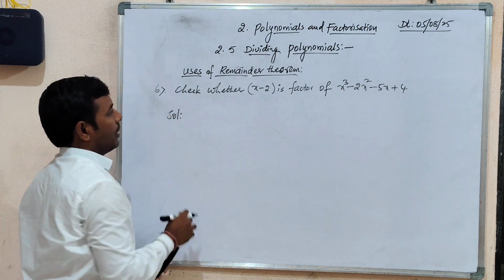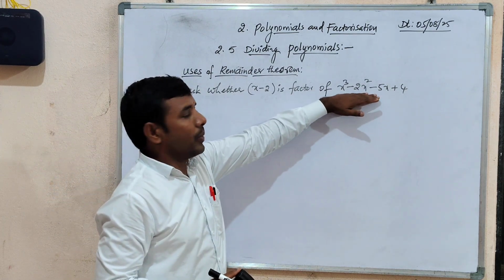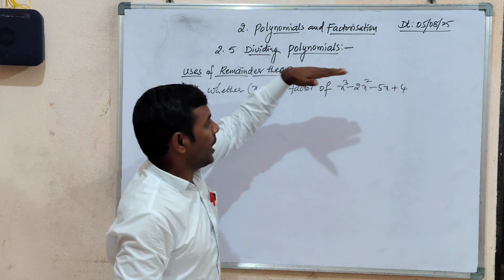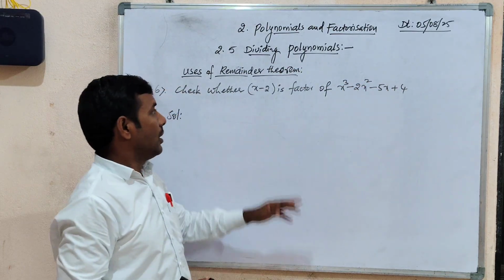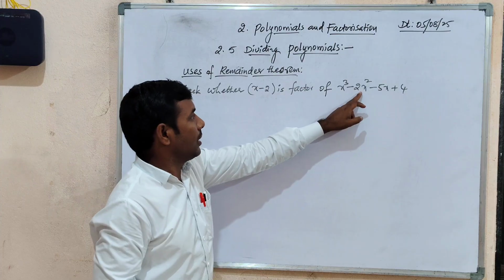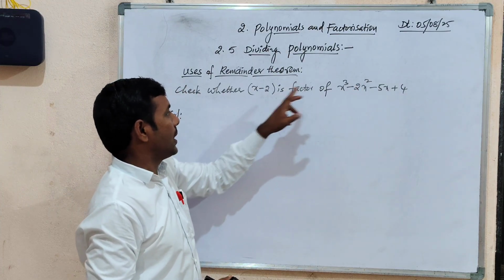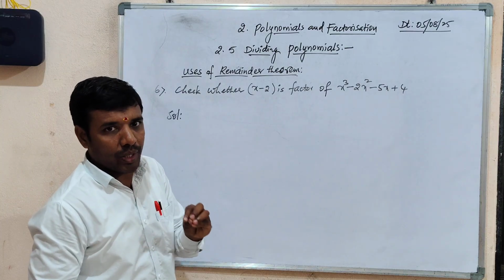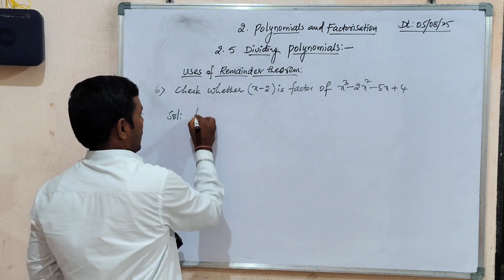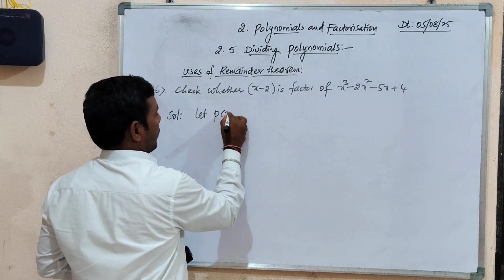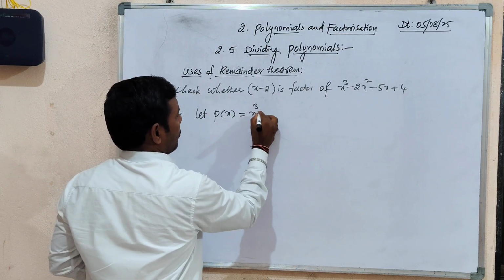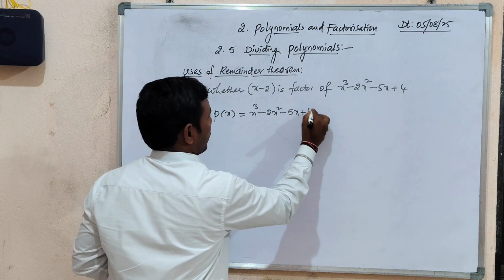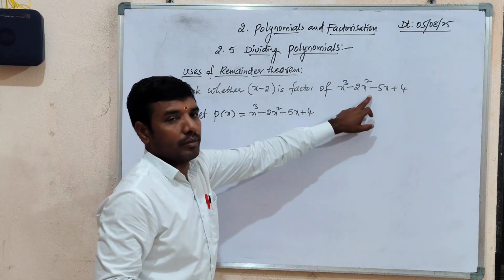This is the answer, but the question is different there. This is p of x, this is g of x. Now the question is whether it is a factor of this or not. If it is a factor of that, definitely this is exactly divisible by this. That means the remainder should be 0. Through the remainder we can decide. Let p of x be equal to x cube minus 2x square minus 5x plus 4, the dividend.